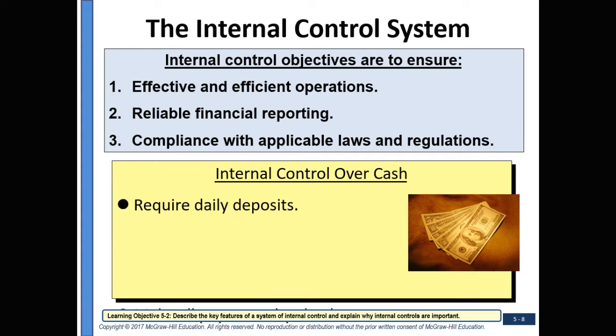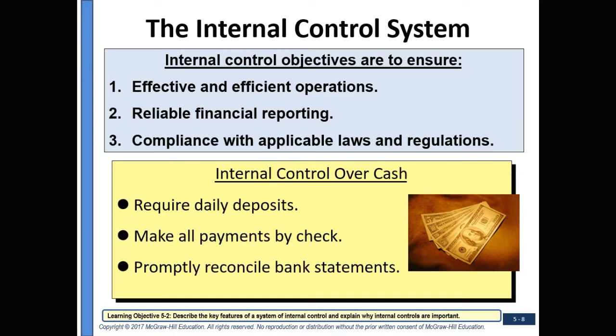So you should have covered an entire chapter in your principles classes on internal controls. The basic internal control objectives are to ensure efficient and effective operations, reliable financial reporting, and compliance with the applicable laws and regulations. The most susceptible area is cash.